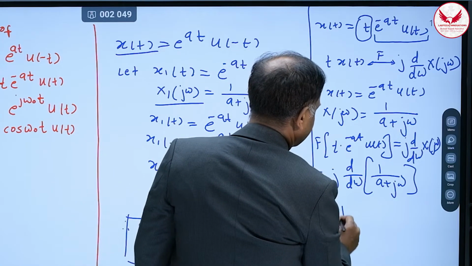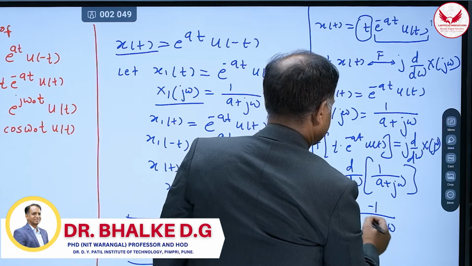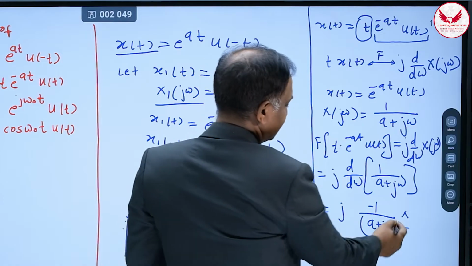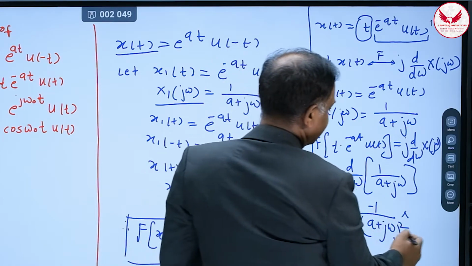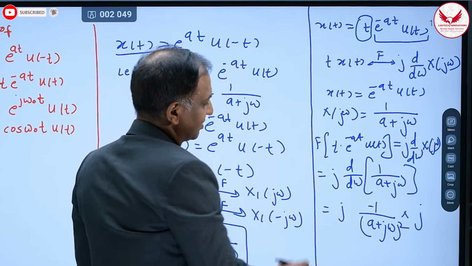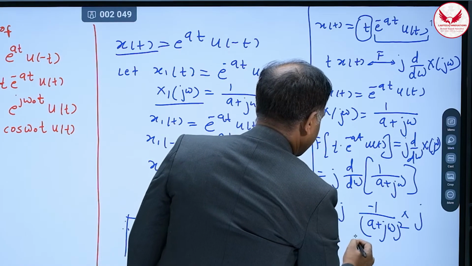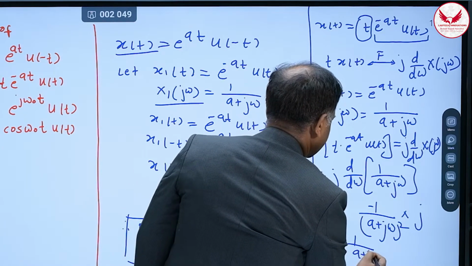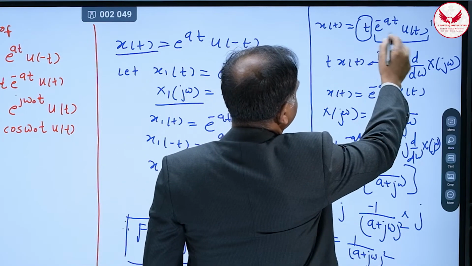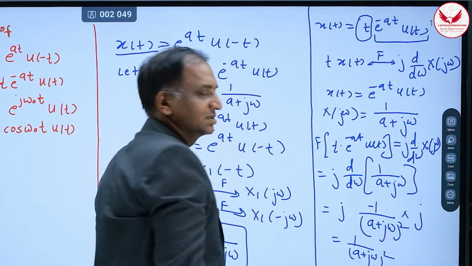So this is equal to j into minus 1 upon (a plus j omega) square into the differentiation of this with respect to omega, that is j. Here j square is equal to minus 1, and minus 1 into minus 1 is plus 1. So this comes out to be 1 upon (a plus j omega) square. Therefore, the Fourier transform of t into e raised to minus at u of t is equal to 1 upon (a plus j omega) square.